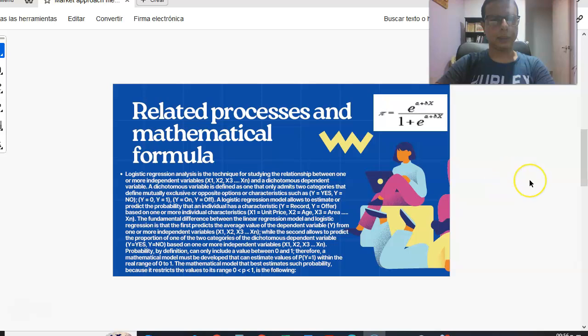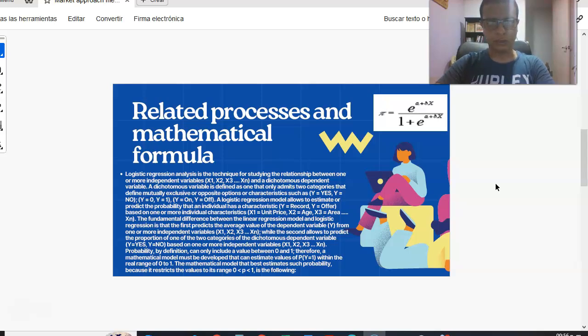A dichotomous variable is defined as one that only admits two categories that define mutually exclusive or opposite options or characteristics, such as yes, no, zero, one, on, and off.